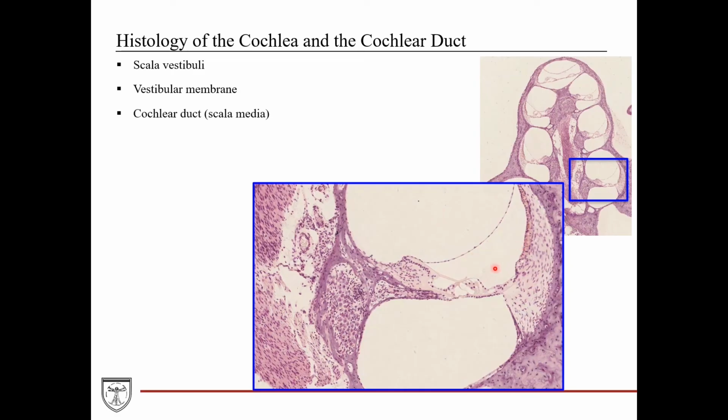Then we have the cochlear duct, also called the scala media, hosting this specialized structure called the organ of Corti on the bottom membrane, which is known as the basilar membrane. So this basilar membrane not only has the organ of Corti, but also separates the scala media from the scala tympani.